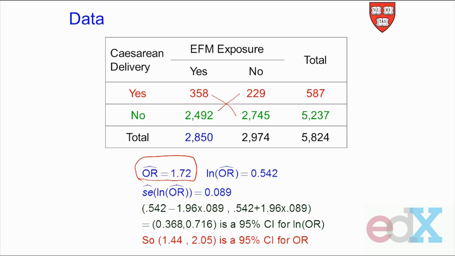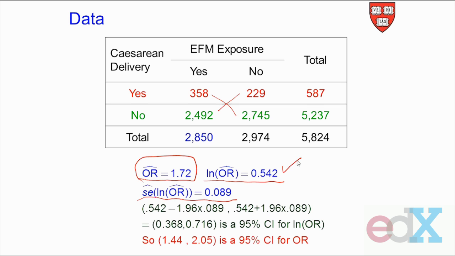Now, was this statistically significant? We said yes. What do we mean? It was different from 1. Can I get a confidence interval around this? Yes, if I go to the log domain. So the log of the odds ratio is 0.542. The standard error is 0.089.